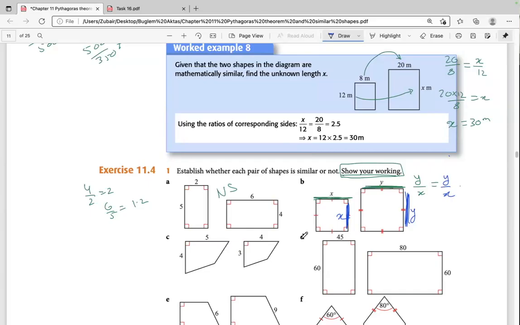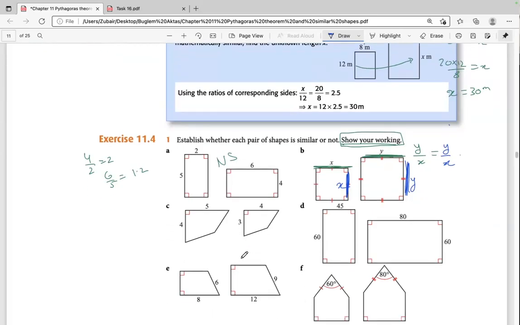Now, when we look at question number C, I can see there are 4 angles, but they're not given. When they're not given, he's not questioning about them, so they're out of the context. We look at the given data. We can see 5 is similar to which side? 4. Now I need to see 5 by 4, which is 1.25.